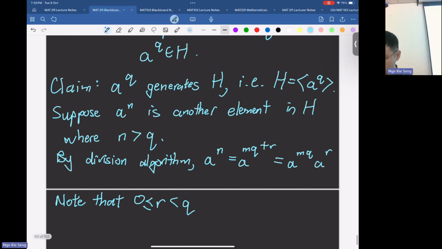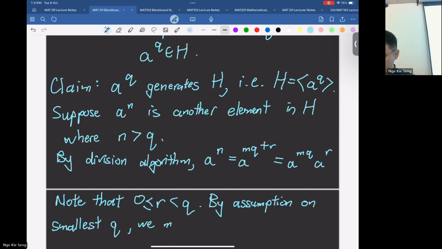By the assumption on smallest q, we must have r equals 0. Otherwise it will contradict that q is the smallest one. Correct or not? Otherwise this A^r will stay inside my set already, then contradict the choice of q. Okay, so r has to be 0.